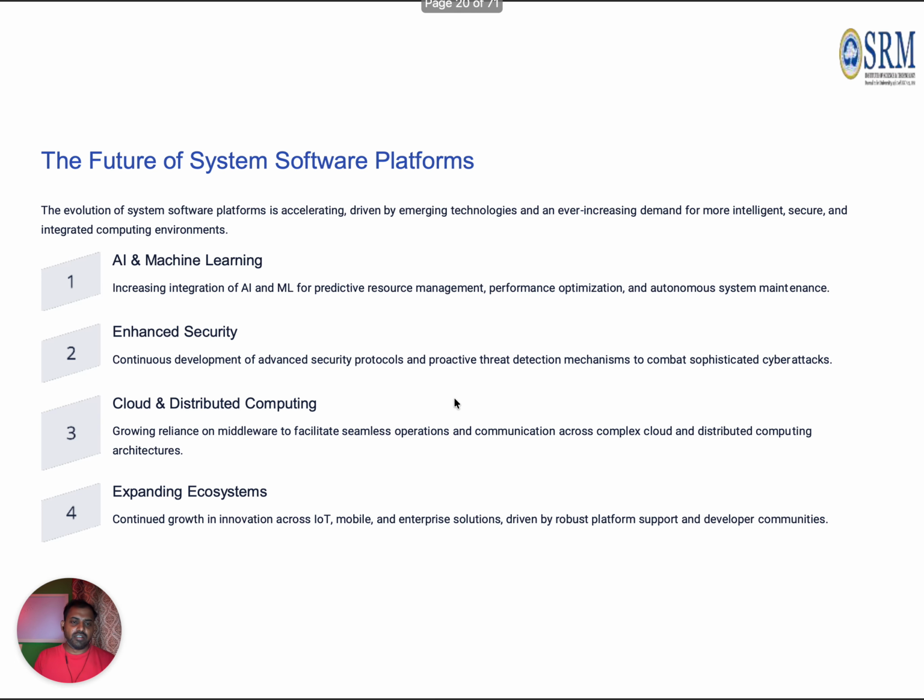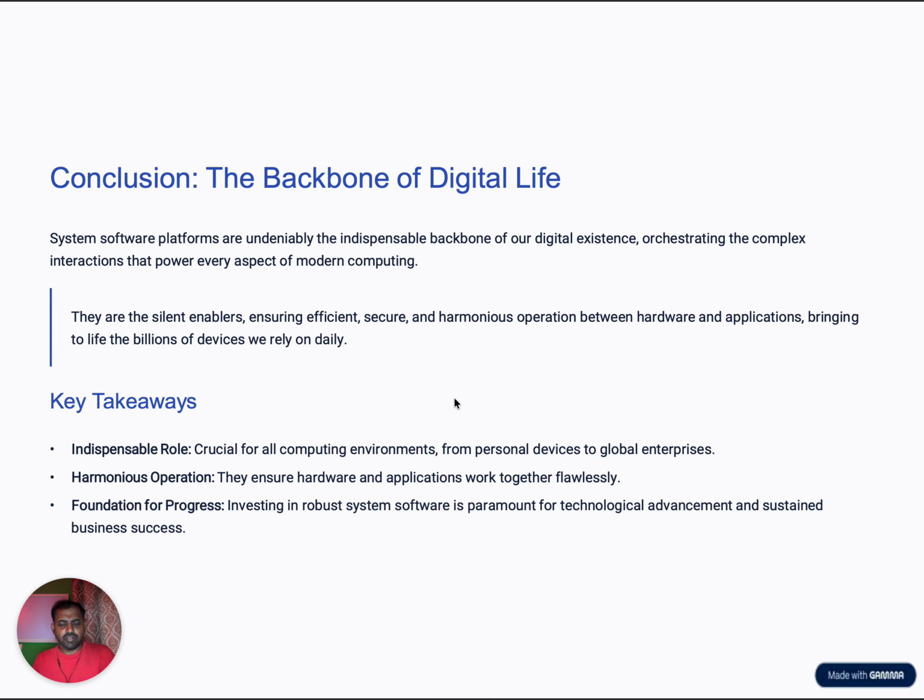So in conclusion, system softwares are undeniably the indispensable backbone of digital existence. Wherever you go, wherever the devices you need to help you, or that you need to utilize, a device needs a system software, especially all digital devices.